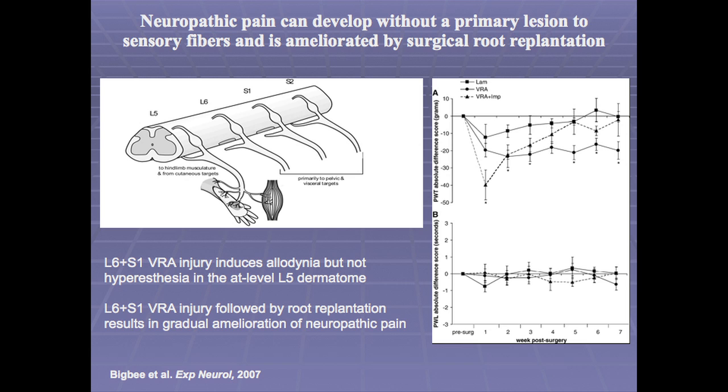But in our experiment here, we found that when we do the injury only, we do develop a pain called allodynia. And allodynia is when you have a stimulus such as light touch, or something that normally is not painful, but becomes painful as an abnormality.